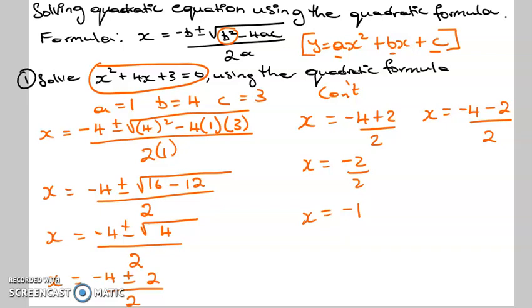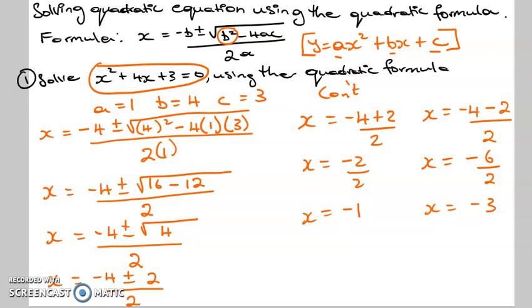One of them has a positive, and the other the negative. x is equal to negative 4 minus 2. That's going to give us negative 6. Negative 6 divided by 2. Our answer therefore is going to be negative 3. And so there you go. You have your two values of the quadratic equation. These are negative 1 and negative 3.